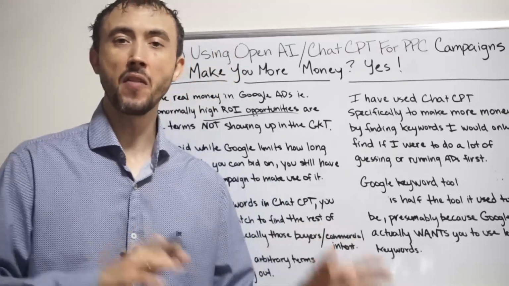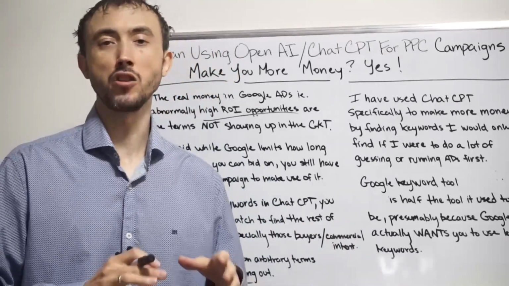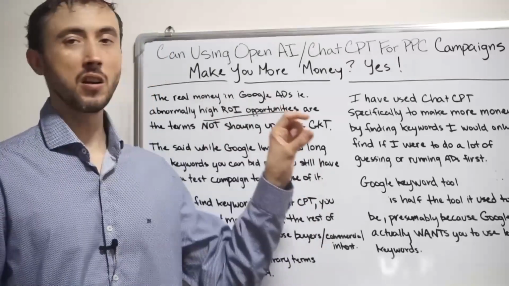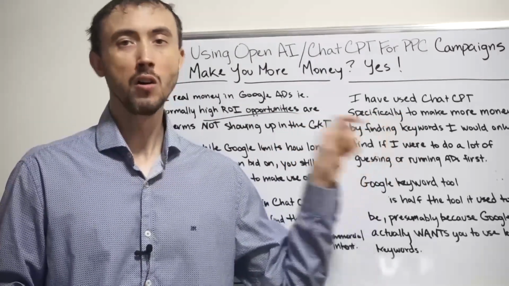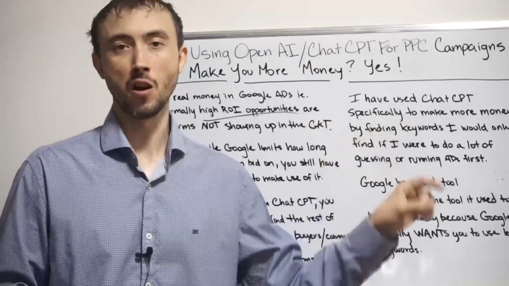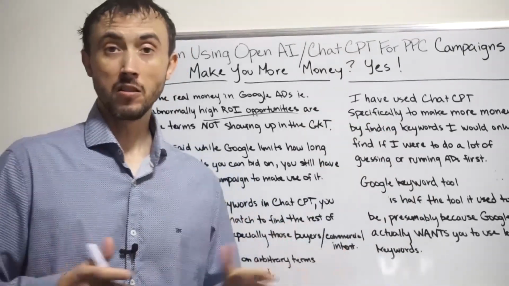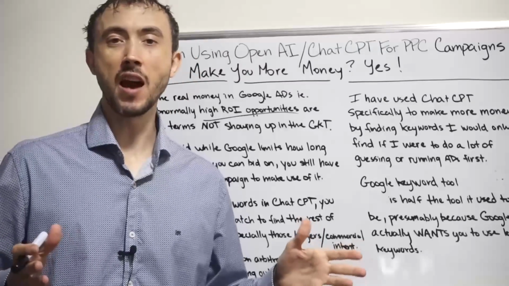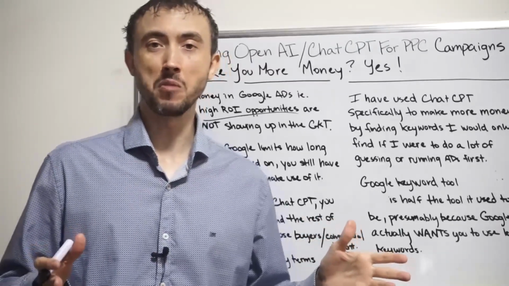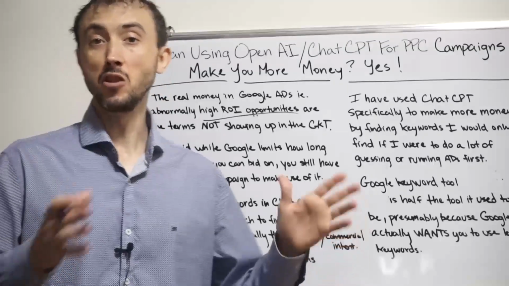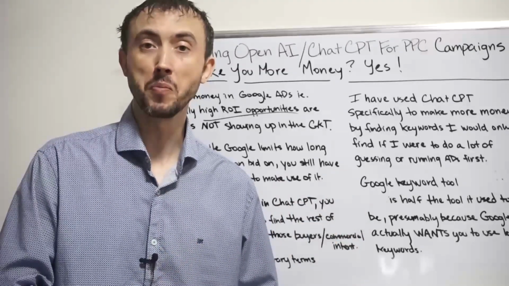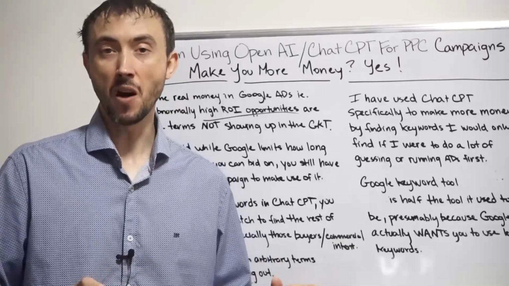Because if you try to bid on that keyword, once you launch your campaign, under the keyword diagnosis section, it's going to say search volume too low, sorry, you can't bid on this term. And then you wasted your time basically, or you got excited for nothing at the very least, that you were going to bid on this term that nobody's bidding on presumably, and it's going to be cheaper cost per click because it's off the beaten path.